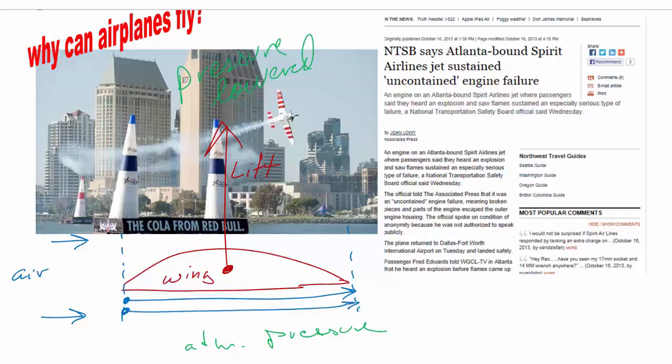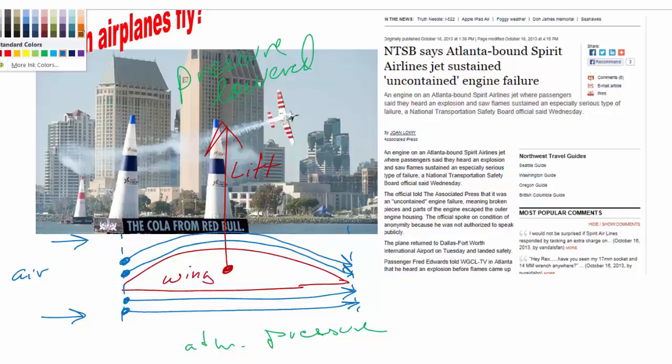But if the air travels above the wing, it has to go around this curved surface and end up over there, right? So it has farther to travel. But yet it has to reach the end of the wing at the same time as the air below the wing. So the air on top of the wing is traveling faster.